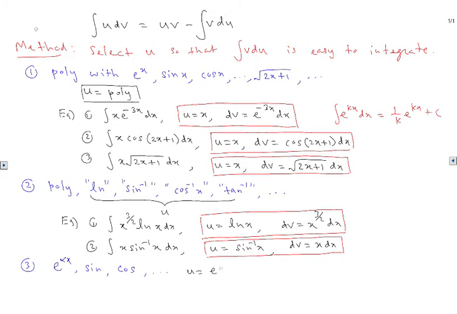Let's look at an example: e to the 3x cosine 2x dx. In this case you're going to select u as e to the 3x, and then dv is the rest of the integral, that means cosine 2x dx.